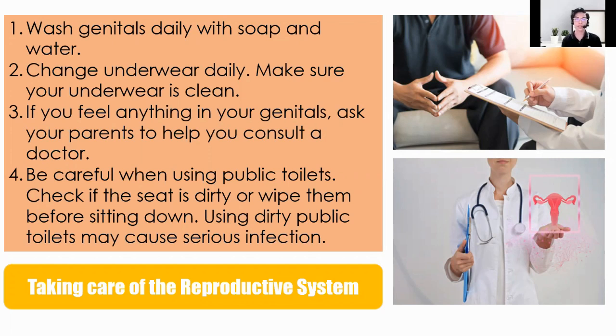Be careful when using public toilets. Check if the seat is dirty or wipe it before sitting down. Using dirty public toilets may cause serious infection. Or you can just avoid public toilets. Use your toilets at home. Home is where you can trust the toilets.